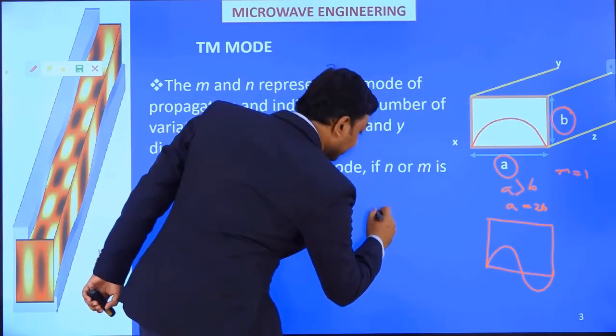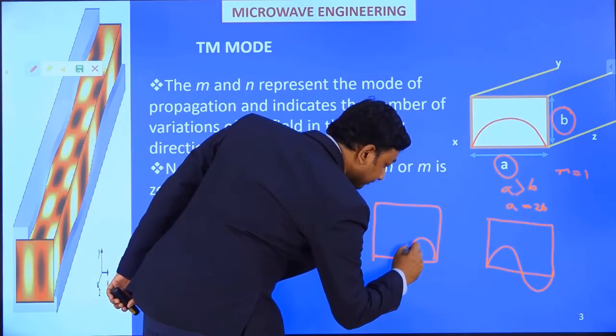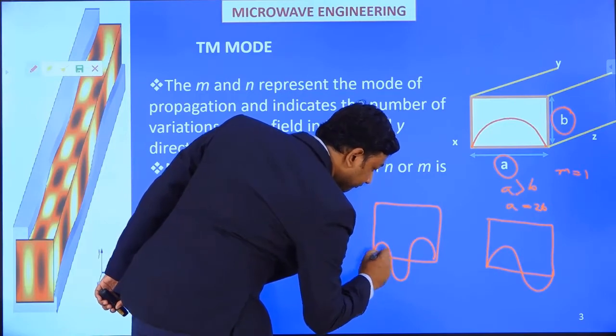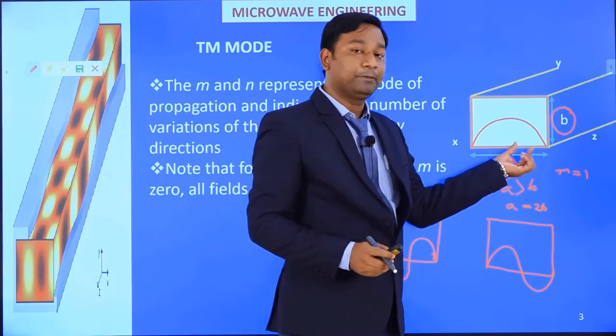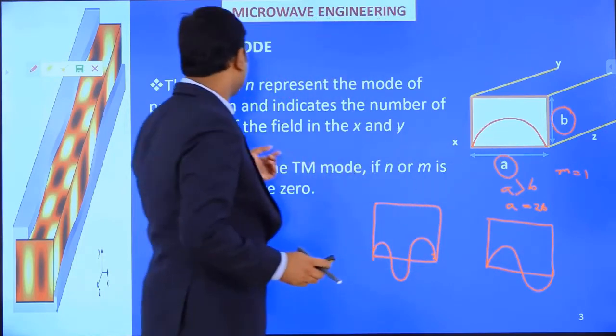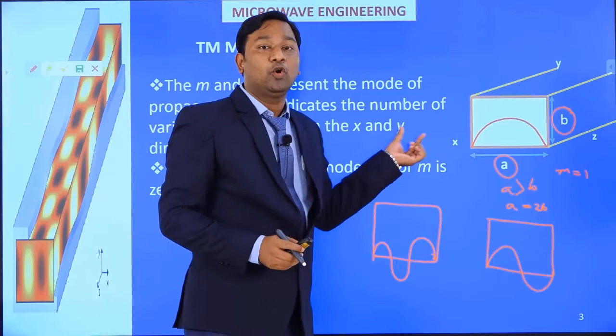Similarly for M equals 3, there will be 3 half wavelength variations. So M indicates the number of half wavelength variations of the field in the X direction.